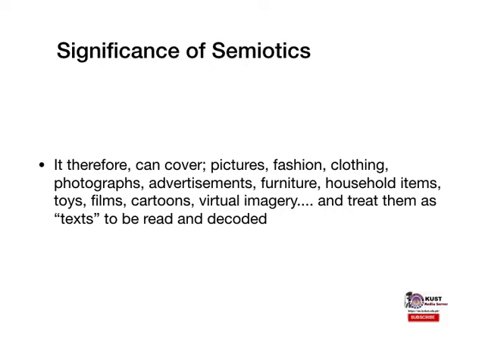You can explain it using the concepts of sign, signifier, signified, icon, connotation, or denotation, whatever you find feasible. Through these, you can make your analysis for film studies, media representation studies, or whatever you want.